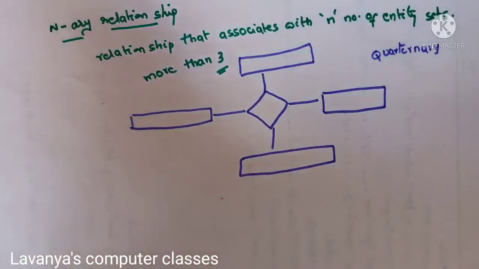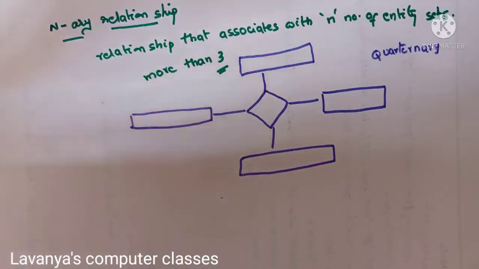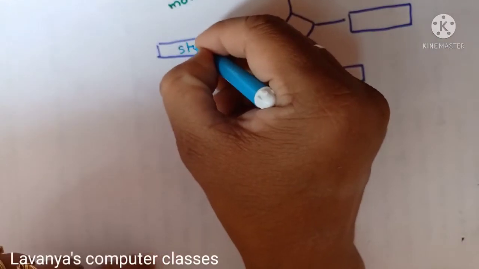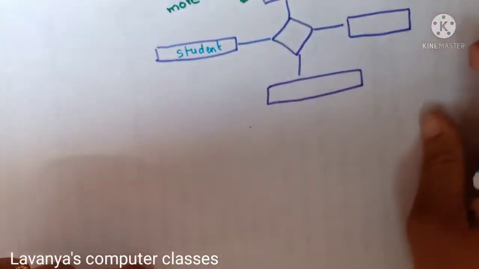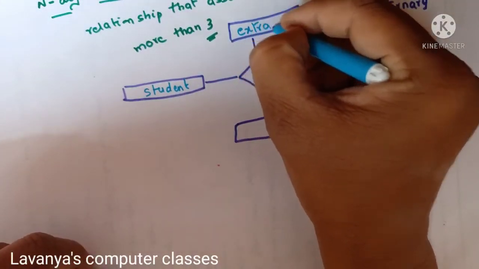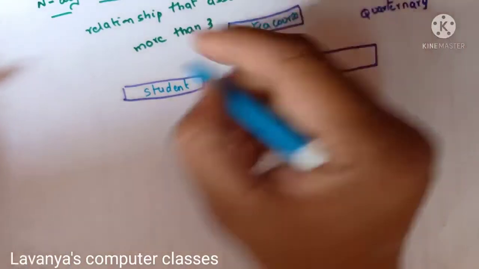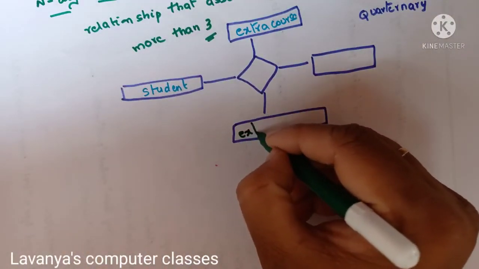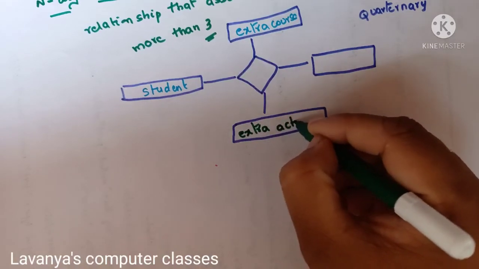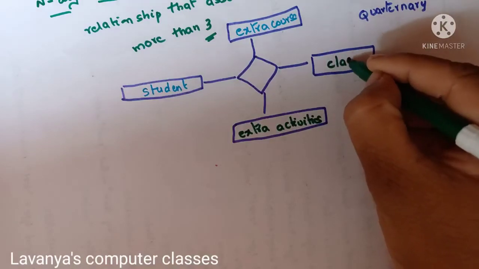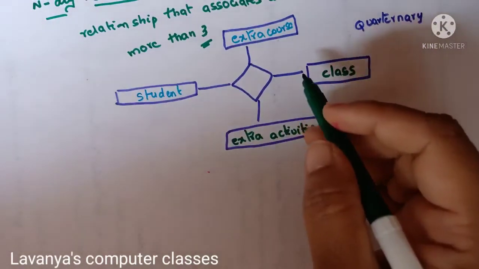Now I will give some examples. Student entity set, that is the information about all the students. Second entity set is like the previous example, extra courses, where he learns some extra courses other than the class subjects, and some extra activities also, like basketball, music, singing, not only studies, and his studies are regular classwork.